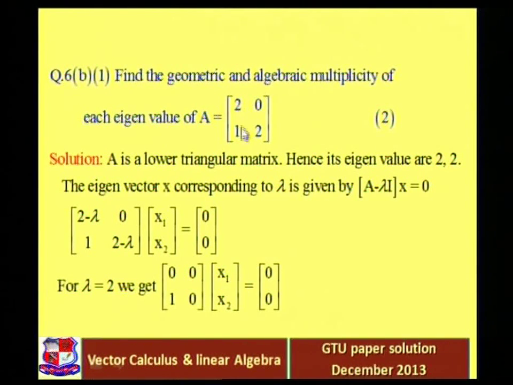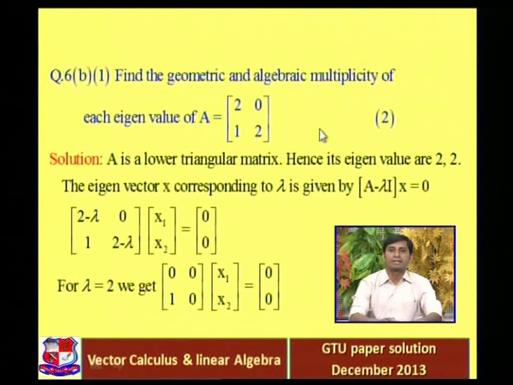So what is the meaning of geometric and algebraic multiplicity? Just try to understand first the definition for a particular eigenvalue. If an eigenvalue lambda occurs n times as an eigenvalue, then the algebraic multiplicity of that eigenvalue lambda is equal to n, okay?